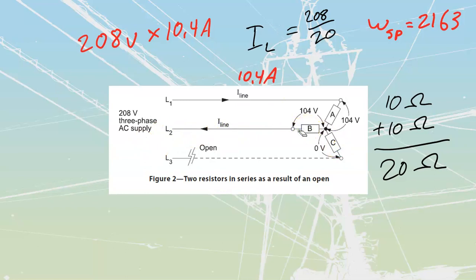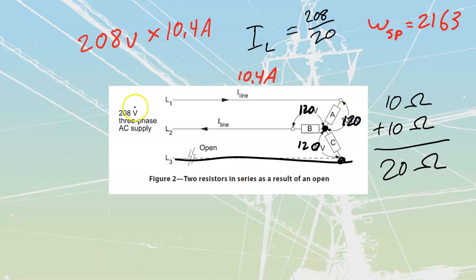If we still had a good line going across on C over here, we would still have this neutral point stretched out to the center, though that point is not tied to a neutral. Each of these values would be 120 volts, 120 volts, and 120 volts.